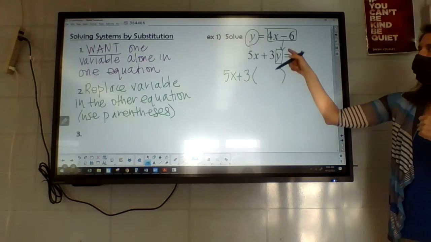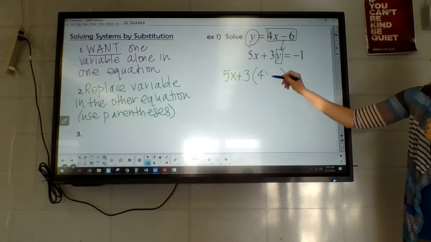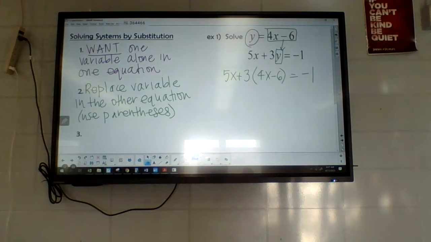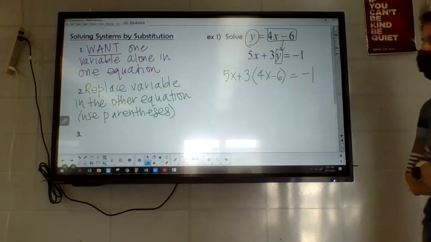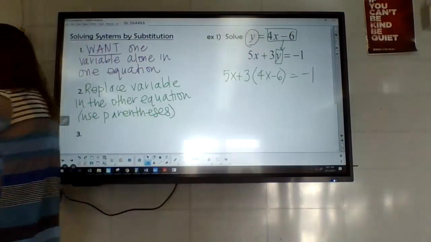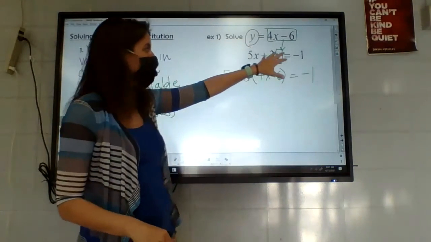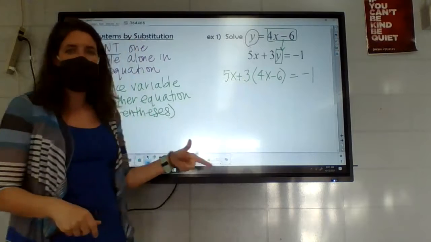Instead of y, I'm going to write 4x minus 6. If you notice, the same equation is written, but in place of y, I just put 4x minus 6.